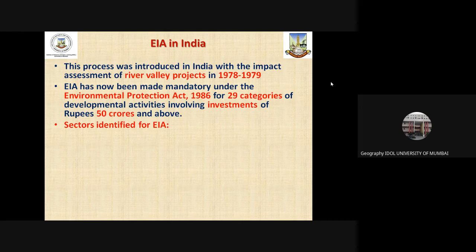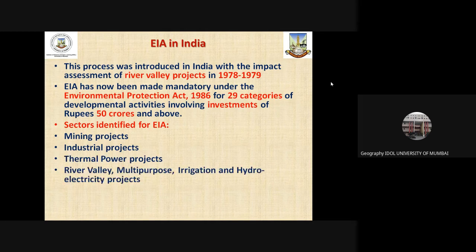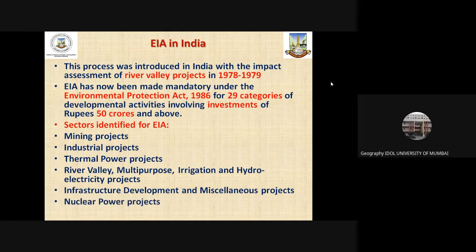The sectors identified for environmental impact assessment include mining projects, industrial projects, thermal power plants, river valley projects, multi-purpose projects, irrigation and hydroelectric projects, infrastructure development and miscellaneous projects, nuclear power projects, and so on.